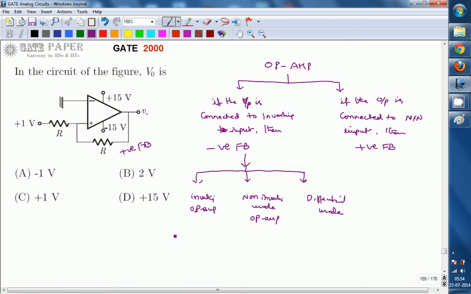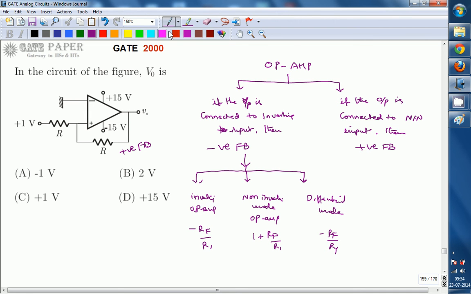The gain for the inverting op amp is minus RF by R1, for the non-inverting op amp the gain is 1 plus RF by R1, and for the differential mode also the gain is minus RF by R1. This is the gain provided for amplifiers whenever the feedback is negative.